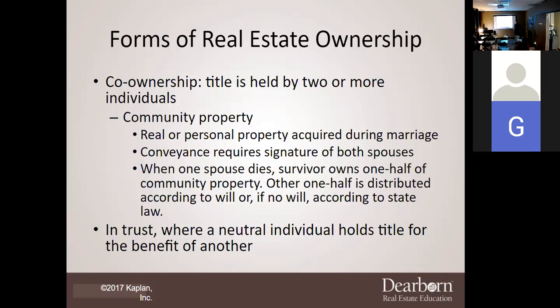Okay? So in this situation, if the person is married, any real or personal property is going to convey to the other party, right? And there's something I'm going to tell you about that in just a second.